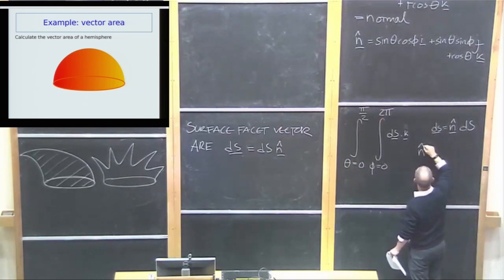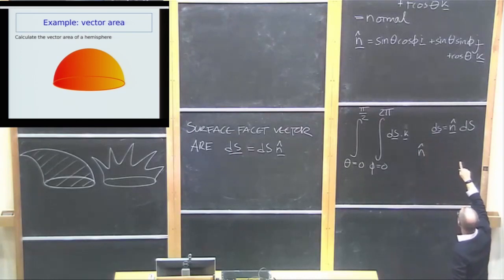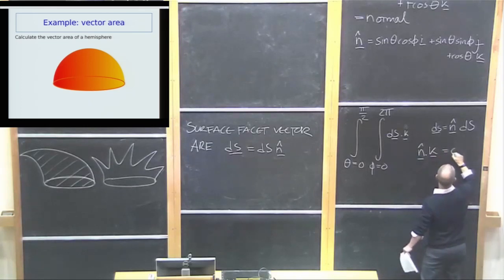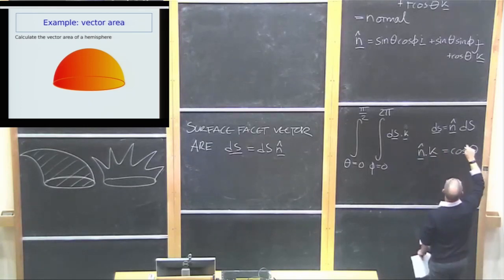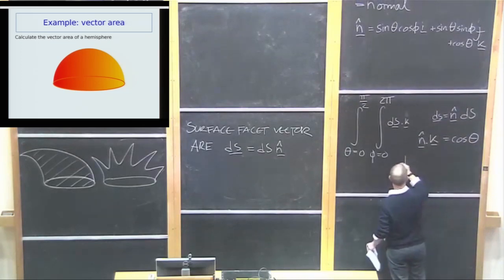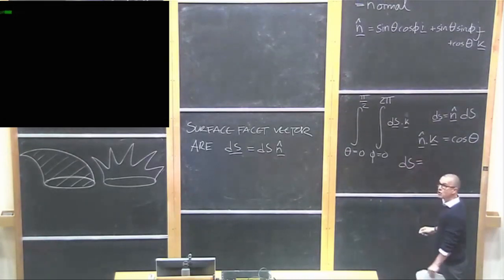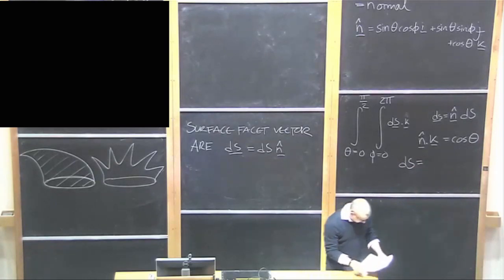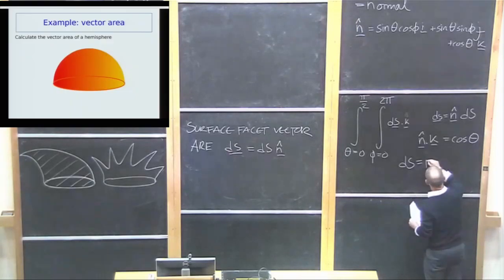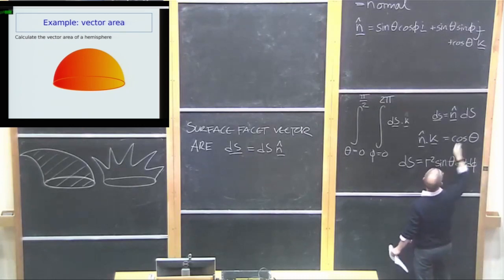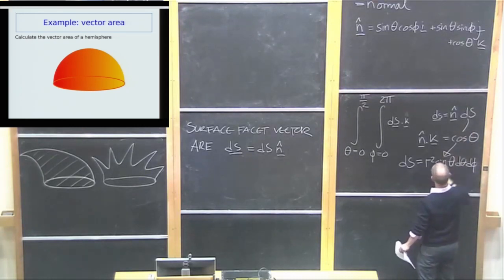So n, we know, we have n there, and the dot product of n with k is simply going to be cos theta. So that's very convenient. The surface element in spherical polars is r squared sine theta d theta d phi.